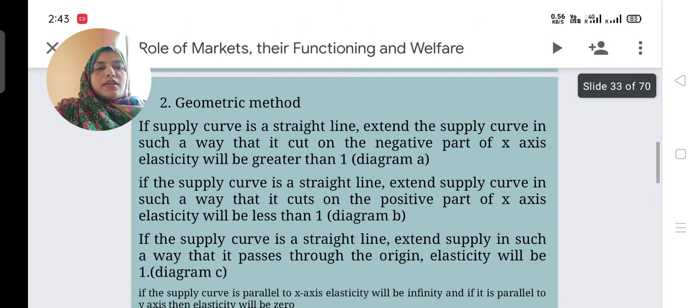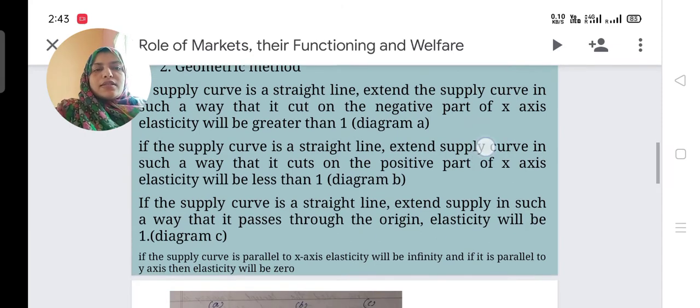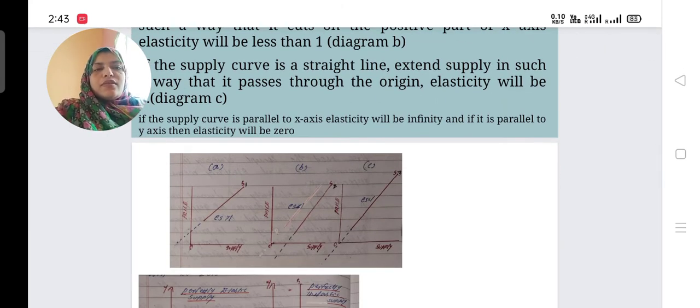Then if the supply curve is a straight line, extend it in such a way that it cuts the positive part of the x-axis, then elasticity will be less than 1. Look at diagram B. Here the supply line is cutting the x-axis. Here elasticity of supply is less than 1.